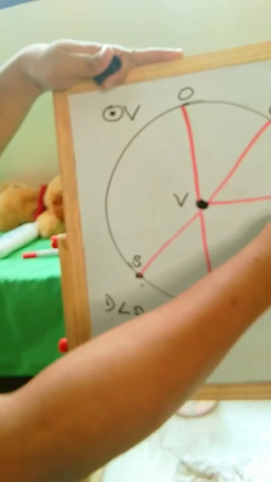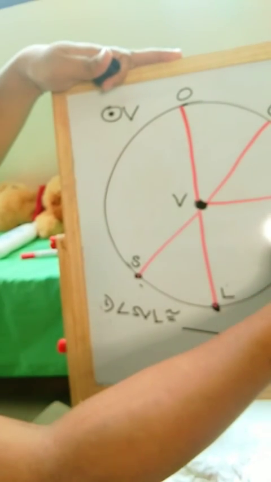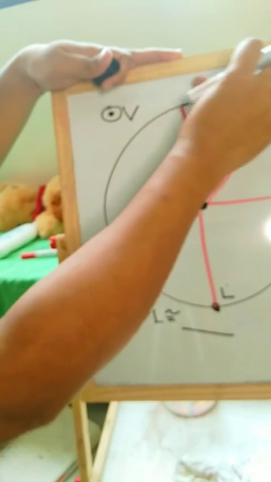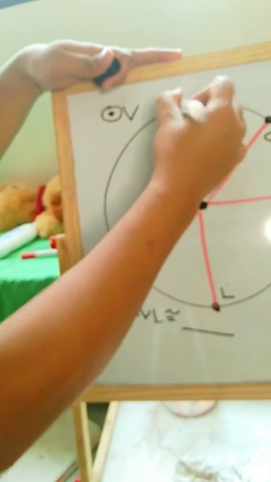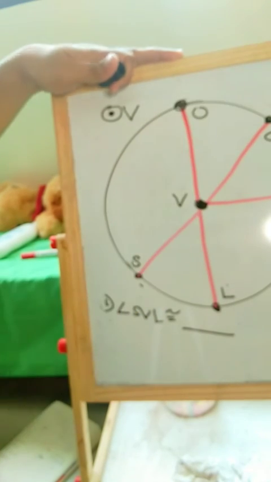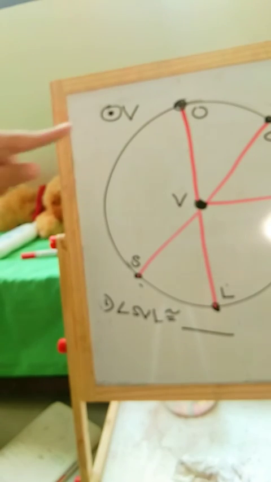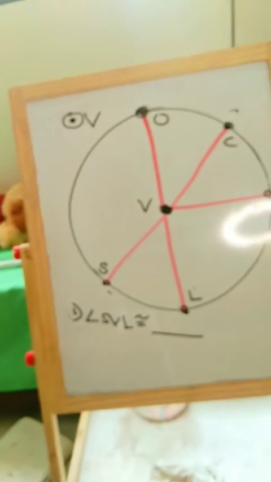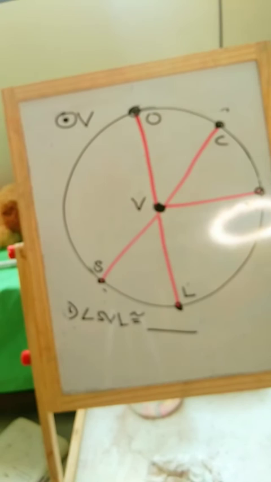Okay, so this is point A, point C, ito si point O, sa loob na lang din, para hindi nakakalito. And then we have circle V.